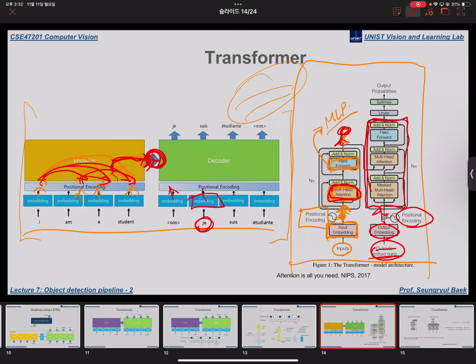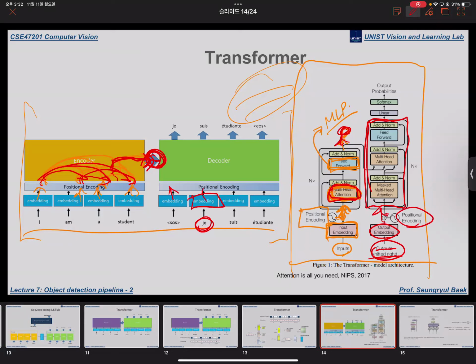So here, what they do is actually the cross attention. Here, we mix the information from the input and the information from the encoder. That happens here via the cross attention mechanism.